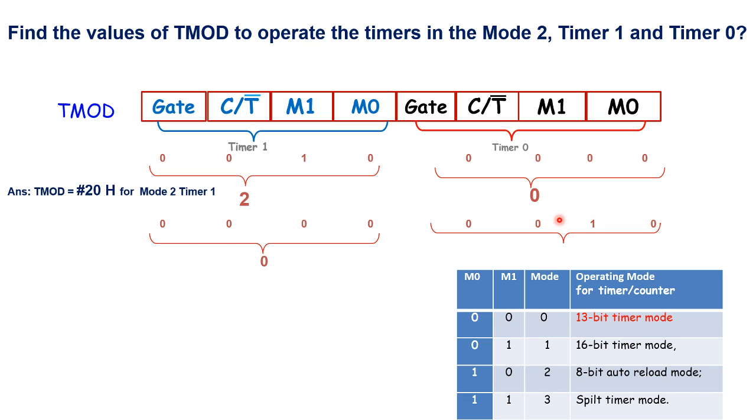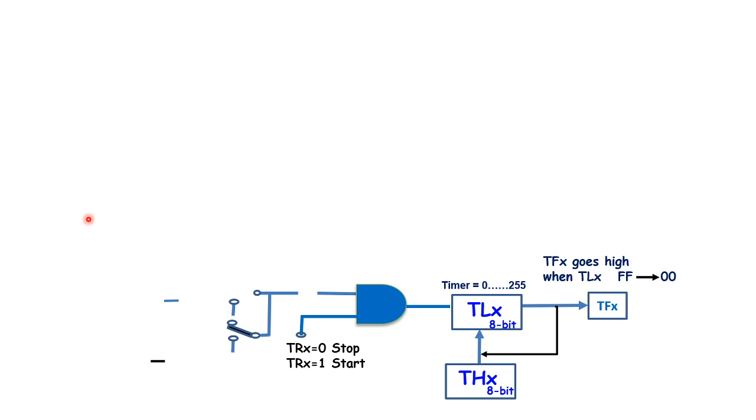So M1 is 1 and M0 is 0, and that gives us a hexadecimal value 02 loaded in the TMOD register. This is mode 2 timer 0. Now if we see, this is 20 for mode 2 timer 1, and this is 02 for mode 2 timer 0. Means for timer 0 this value is 02, and for timer 1 this value is 20.